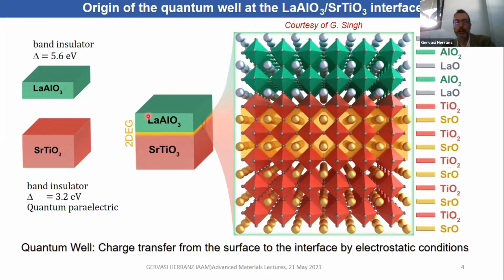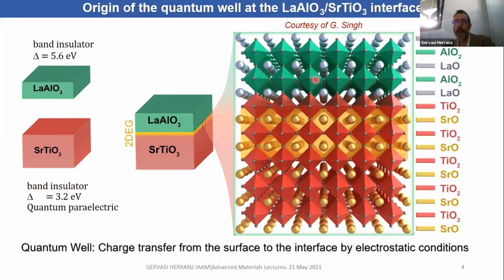They usually are nanometric thin films grown on SrTiO3 crystals, and at the interface there is a high mobility electron gas, a two-dimensional electron gas. And it is noteworthy to say that these two materials are band insulators with large band gaps. So just by the combination of these two materials, there is a highly mobile electron system at the interface.